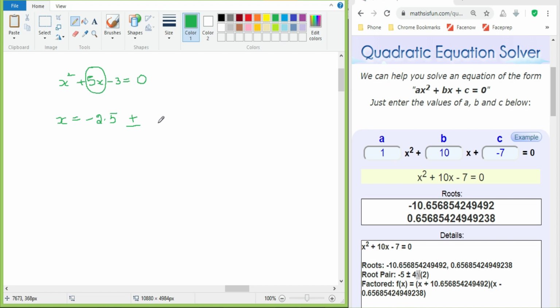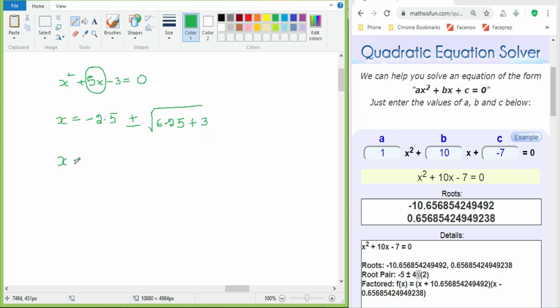If this is 2.5, consider it as 25. 25 square is, yes guys, what is it? 625. So the square of the number is 6.25. Clear guys? Now since this number is negative, I am going to add it over here, that is positive here.